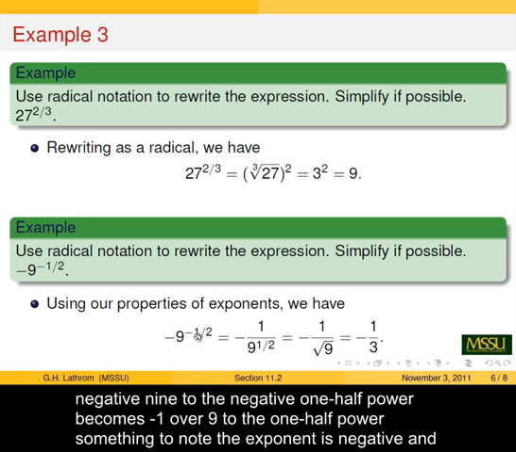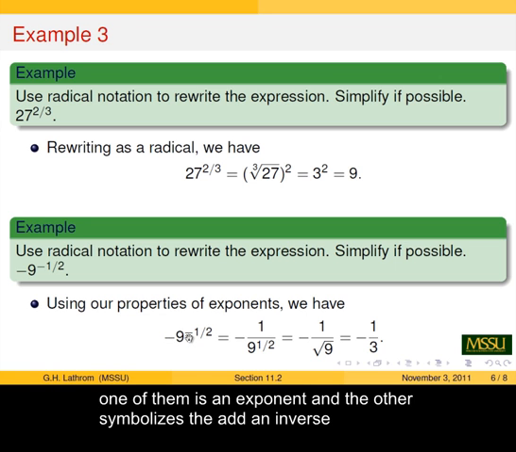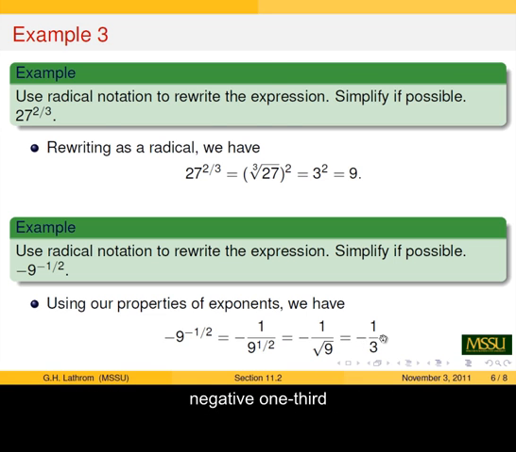Something to note: our exponent is negative and we have a negative in front of the number, but those negatives do not cancel out because one of them is an exponent and the other symbolizes the additive inverse of the number. So we have -1/9 to the 1/2, which is -1 over the square root of 9, but the square root of 9 is 3. So this gives us a final answer of -1/3.